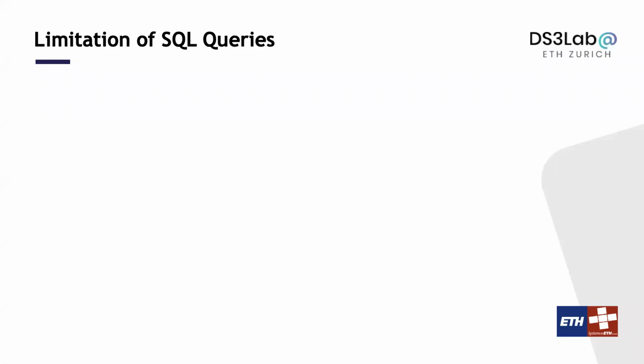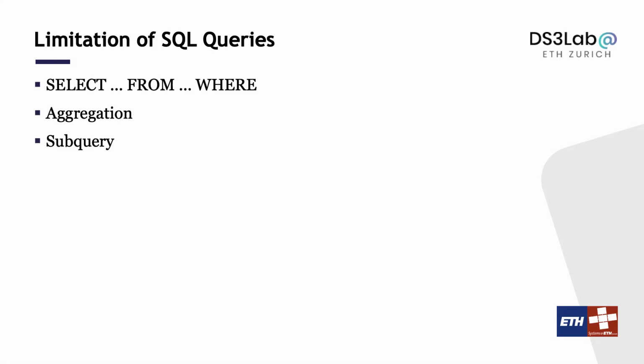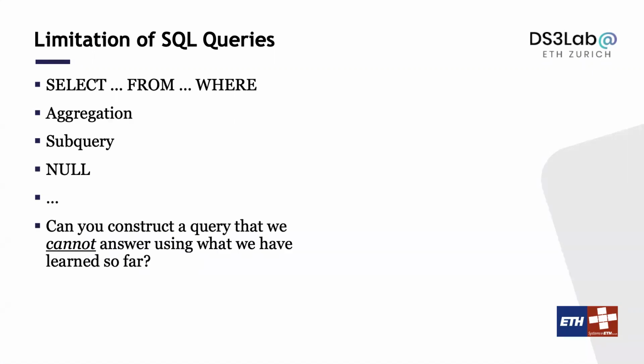If you think about all the SQL queries that we have learned so far, right? You know how to write select from where, you know how to write aggregation, you know how to write subqueries, you know how to handle null, right? If you think about all those concepts, how can we construct some applications that we cannot do using the subset of SQL that we know how to write? One such example would look like this.